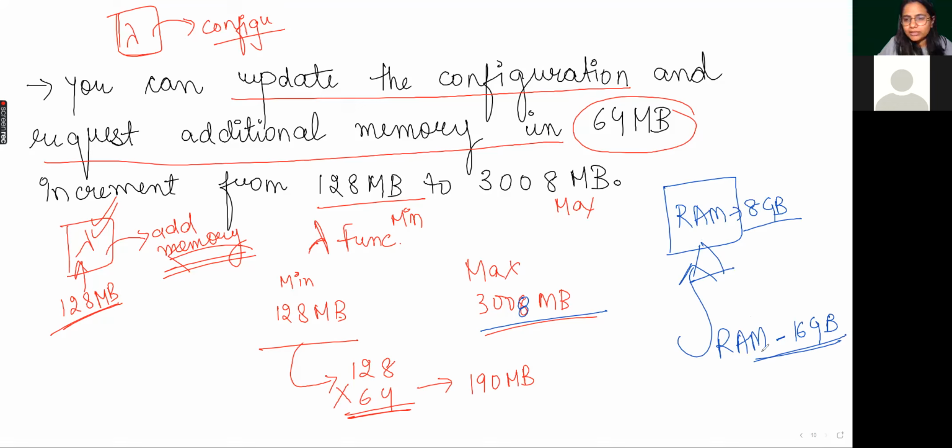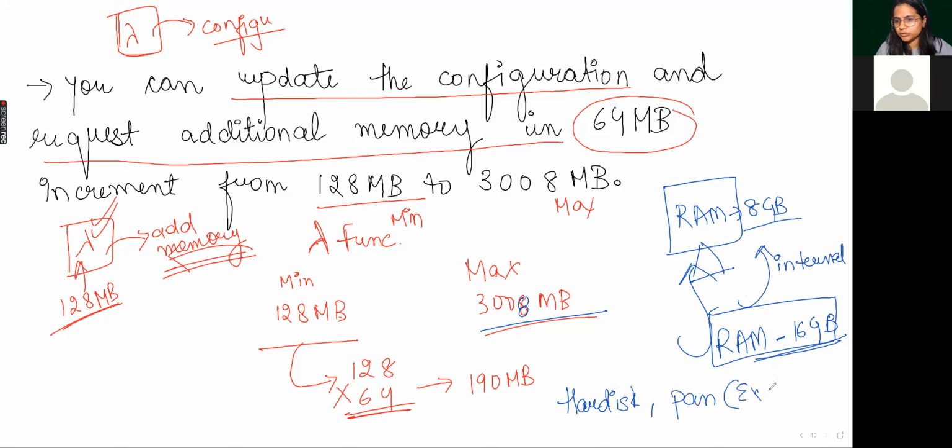Either you add a hard disk, or you increase the RAM, or you can use external devices to add memory. But the best way is to add internal memory. This is known as internal memory. If you use a hard disk, pen drives, or any other sources, they will be external sources.